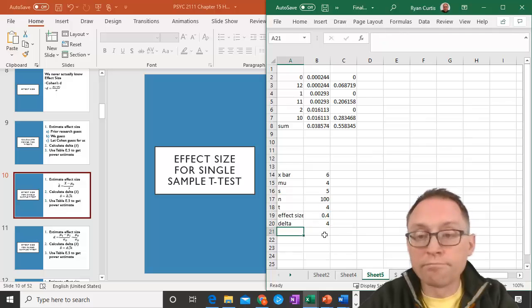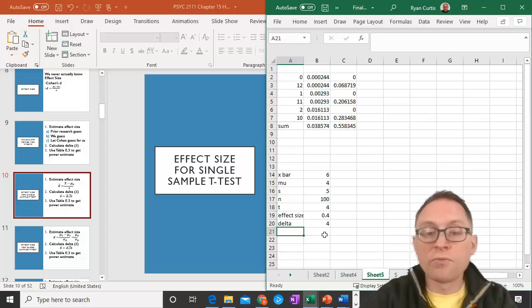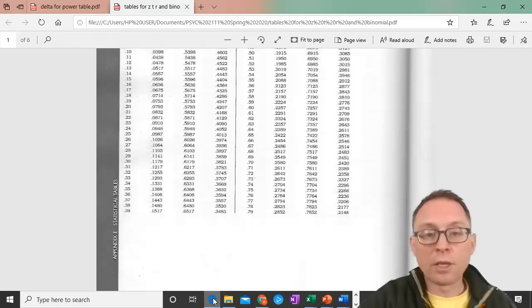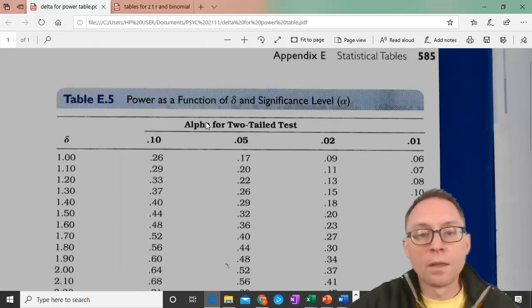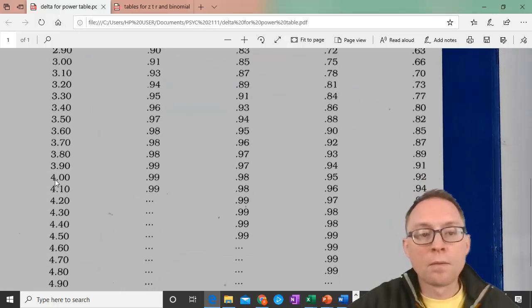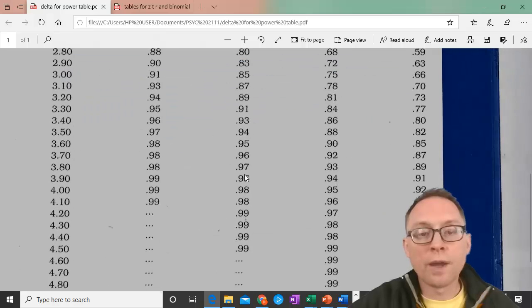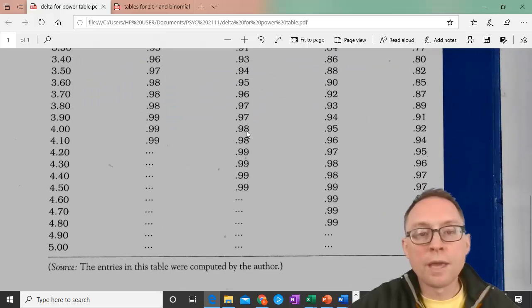It's going to be 4. Delta is 4. To find the power, then I look it up on my delta table right here. 4 is the delta, and this is the column for 0.05, which is what I want. So that means my power is 0.98.